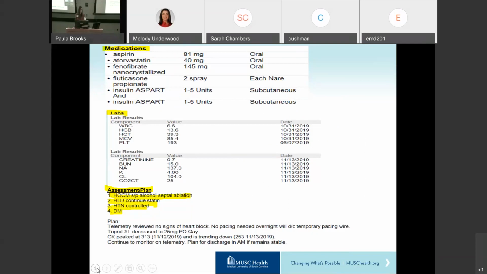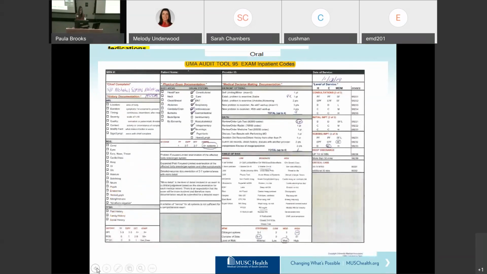So we have 4 problems here, and we have to assume that they're stable. So in the diagnosis management section, we have 4 stable problems. Remember that they were looking at labs. So in the data section, you have one for lab.